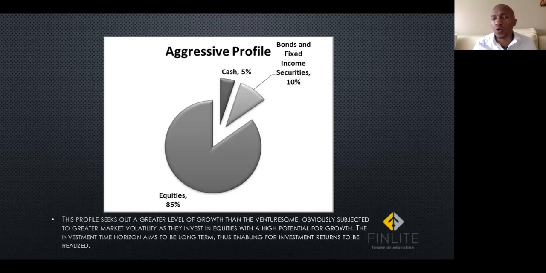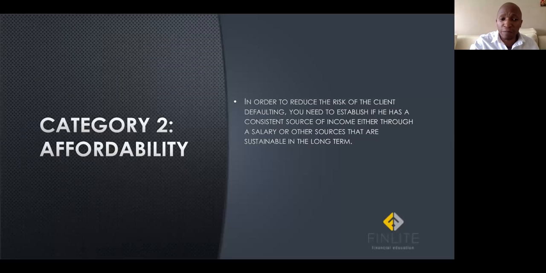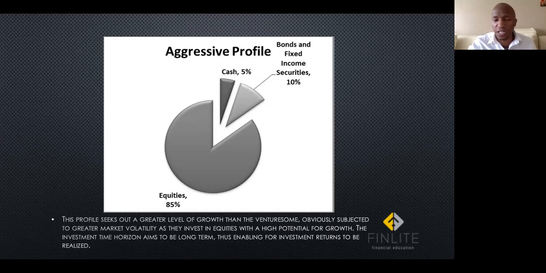It means they fluctuate too much. So the equities would be 85%, 5% on cash, and then 10% on income. So this risk profile is the far end of the conservative one, and the other ones are just in the middle. And those were the different kinds of risk profiles that are out there.